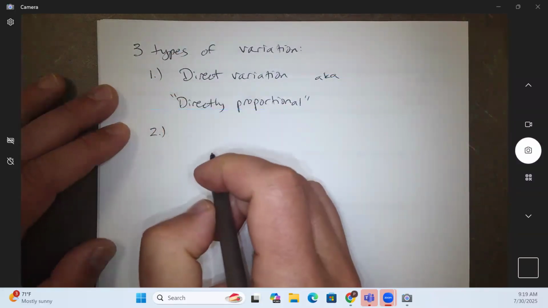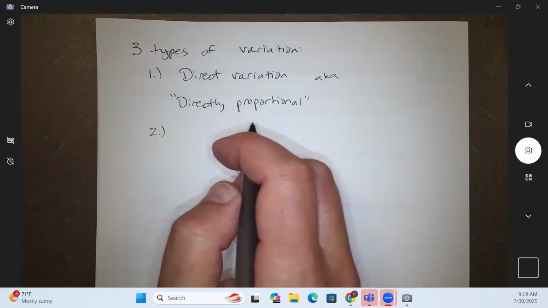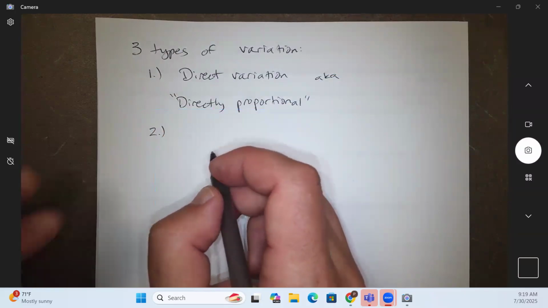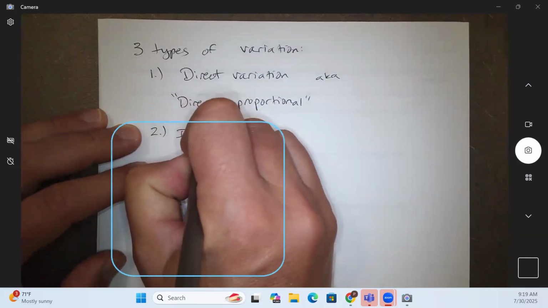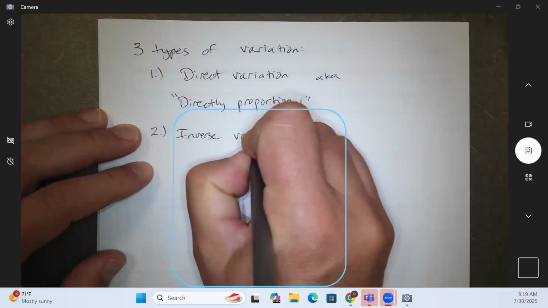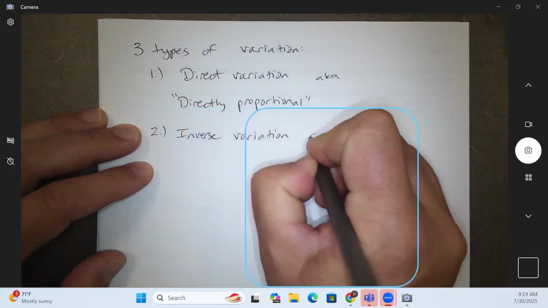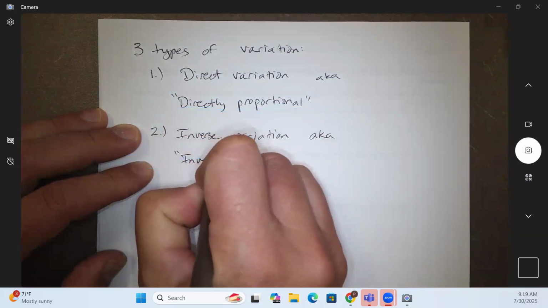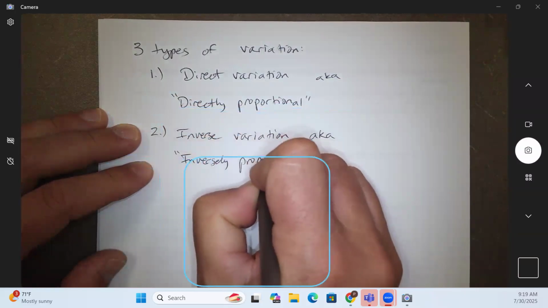The second is inverse variation, also known as inversely proportional.